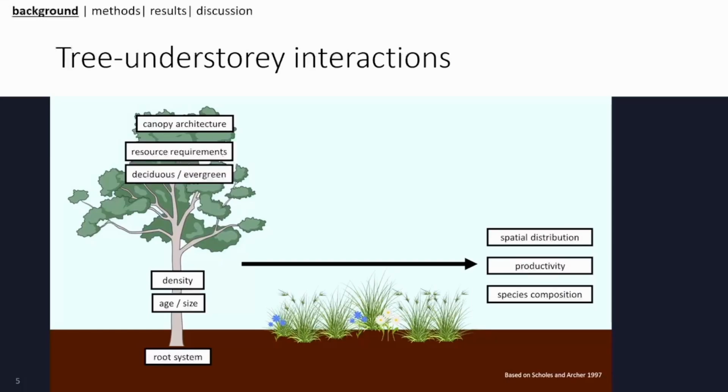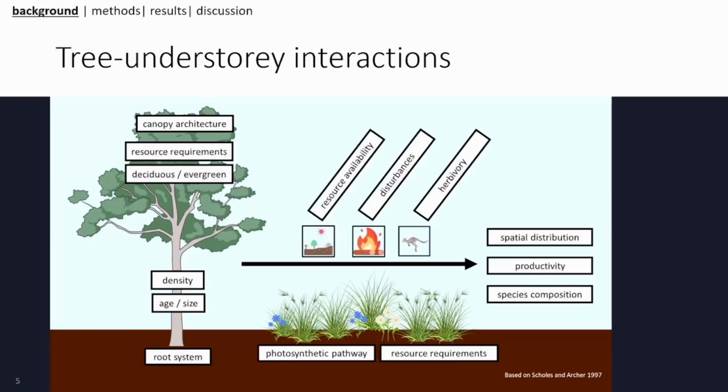So that includes, for example, their resource requirements, but also their size, their density, root system, etc. And the understory can respond based on their resource requirements or their photosynthetic pathway. And generally, tree-understory interactions are also strongly dependent on ecosystem parameters such as resource availability, disturbances such as fire, and herbivore intensity.